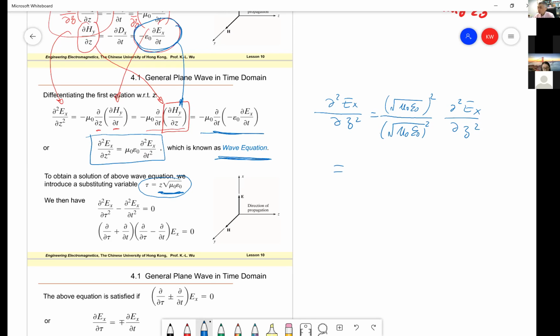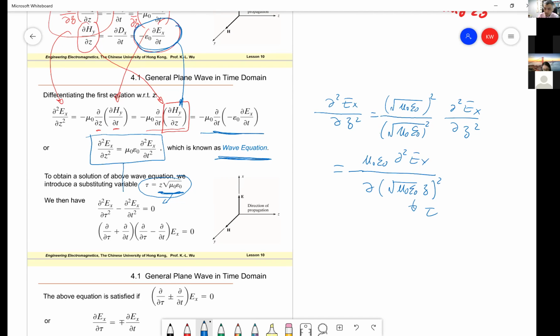So I can say this equal to this, right? So why have this variable replacement?